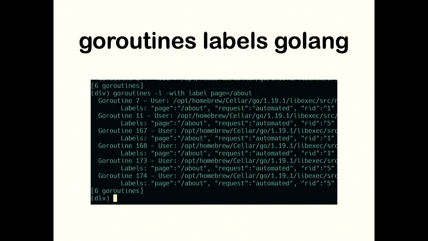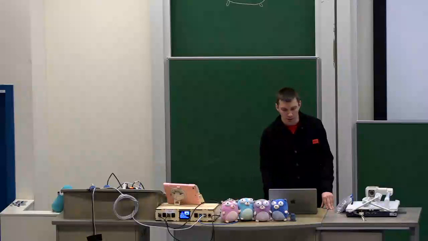So here you can print all goroutines related to your label page. Also you can go to the docs and find different group-by filters. So it's very handy for finding your goroutine.